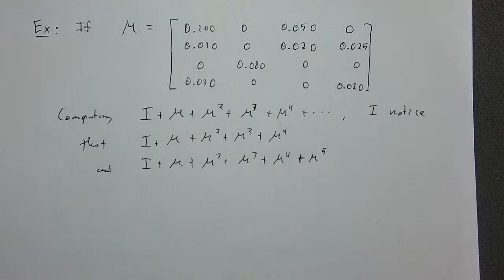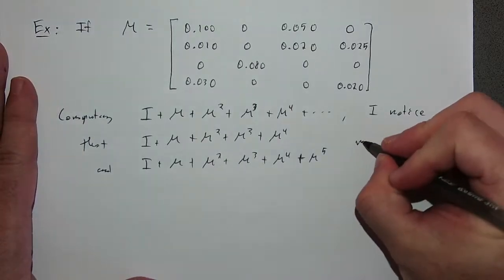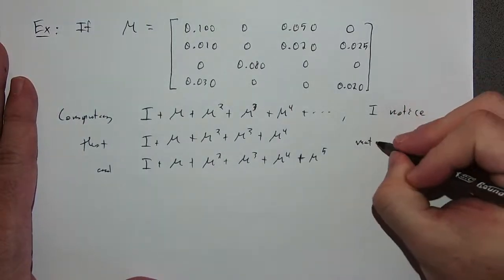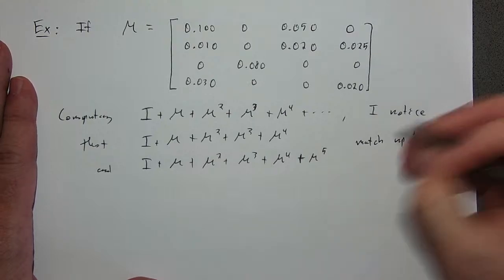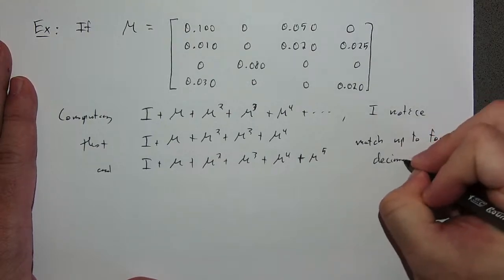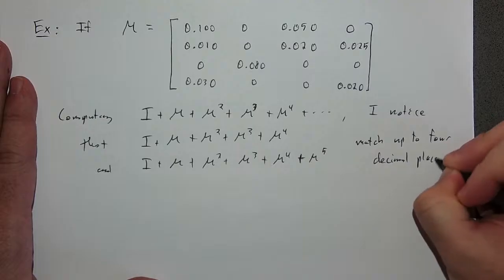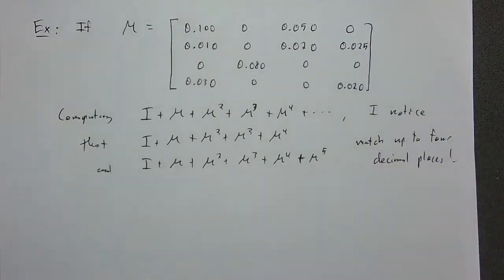And I've noticed that these two things match up to 4 decimal places. Which means that already this is settling down, right? Which means it is converging. It's essentially stopping at what its value is.